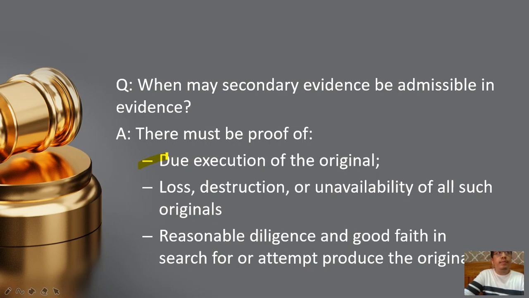So it is that the parties have really voluntarily entered into the contract. And number two, you also have to prove that the document is lost, the contract is lost, it is destroyed, or it is unavailable. And then you also have to show reasonable diligence and good faith on your part in searching for or attempting to produce the original.